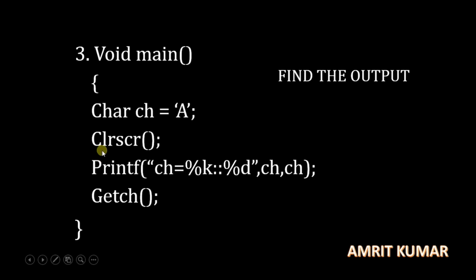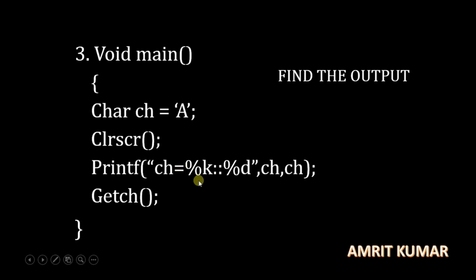Now after that, I have used the clrscr function, which is used to clear the screen. Then after that, I have used the printf function, and the printf function helps us to print anything on the screen. So what I am going to print here is ch, that is the statement that I am going to print, equal to percentage c.